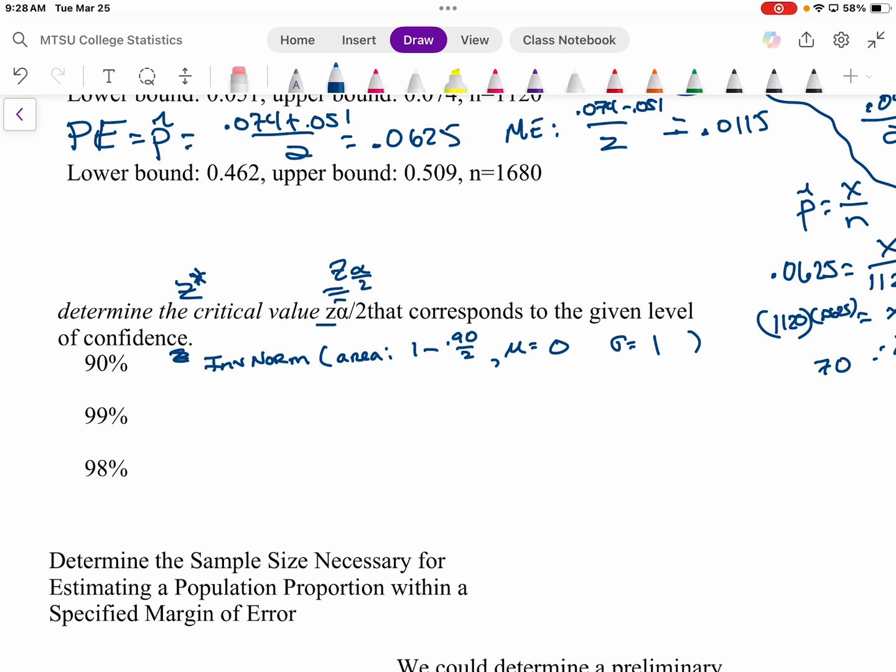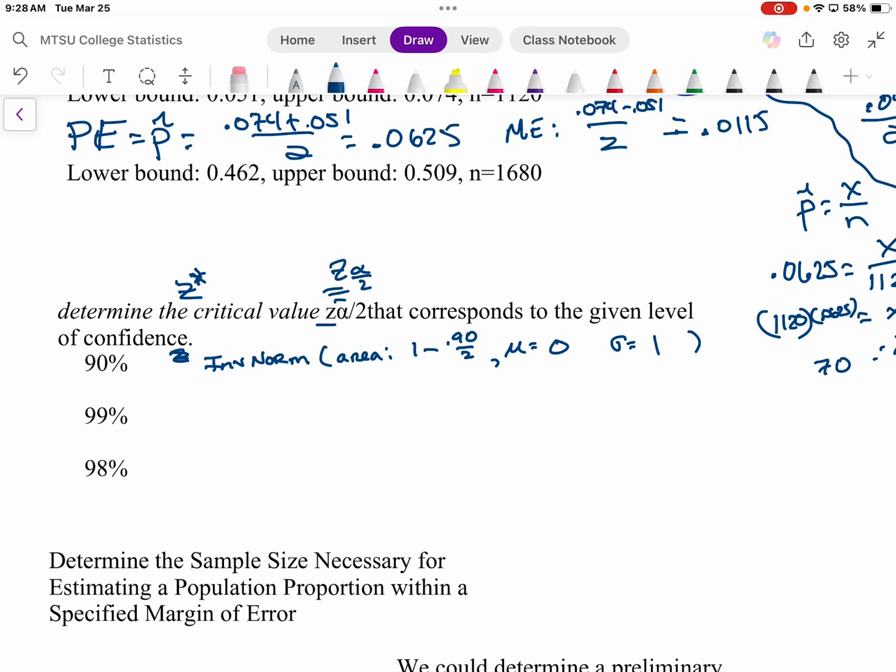So I'm just going to simplify this little part in here. 0.90 divided by, actually, hold on a second. Yeah, 0.90 divided by 2 is 0.45. Well, I don't like that. Hold on a second.